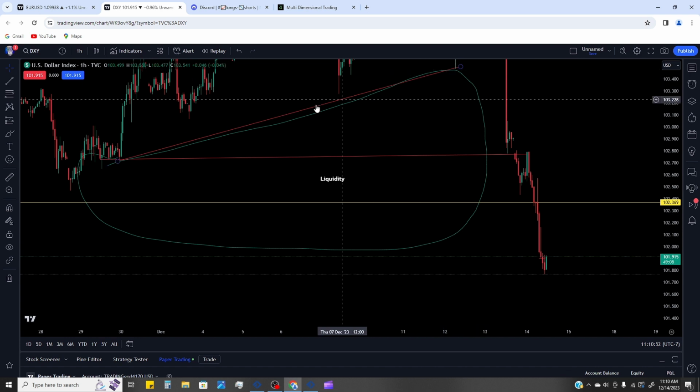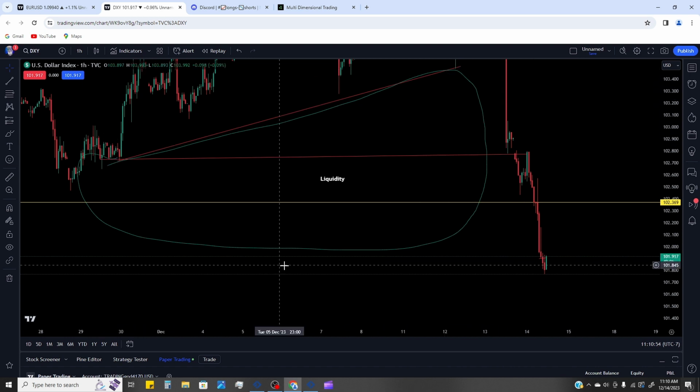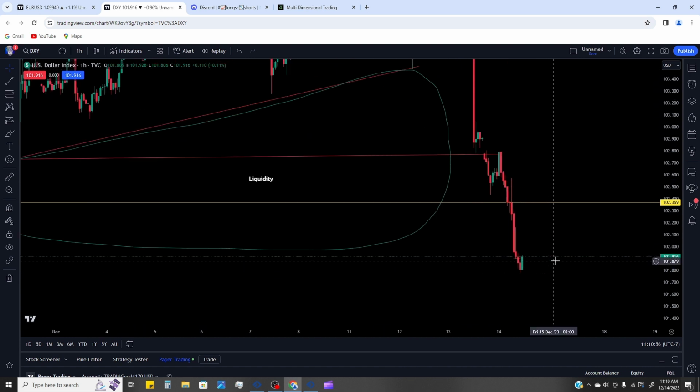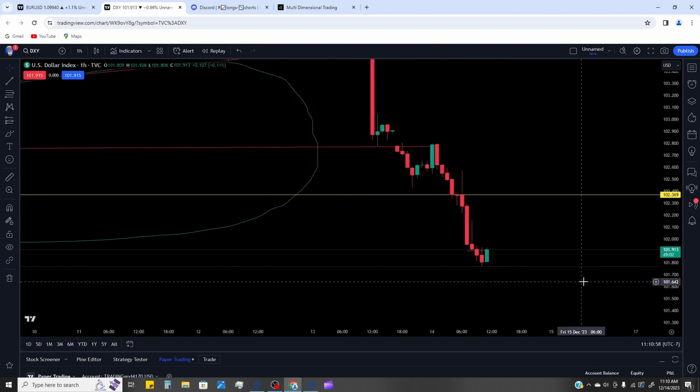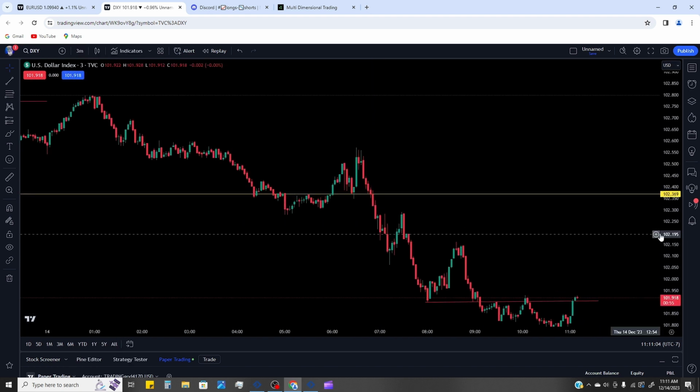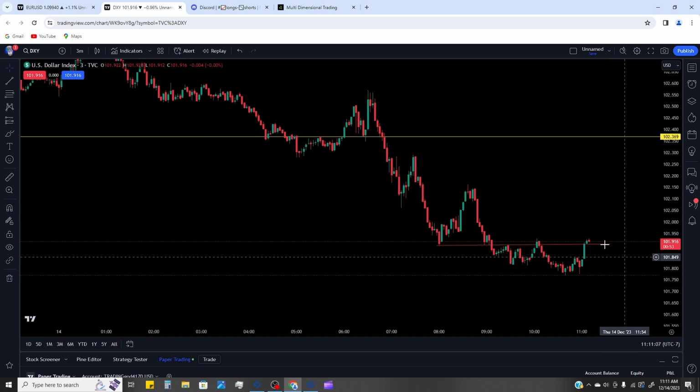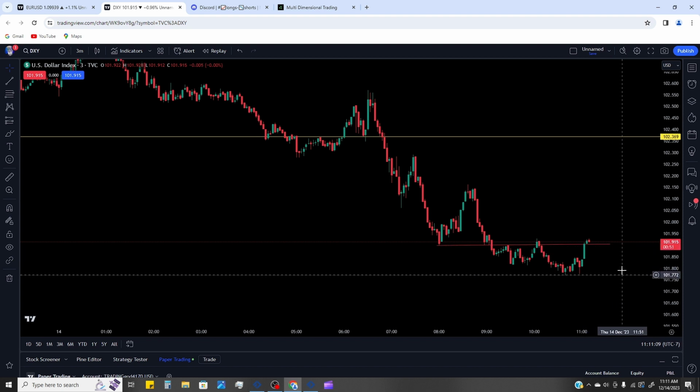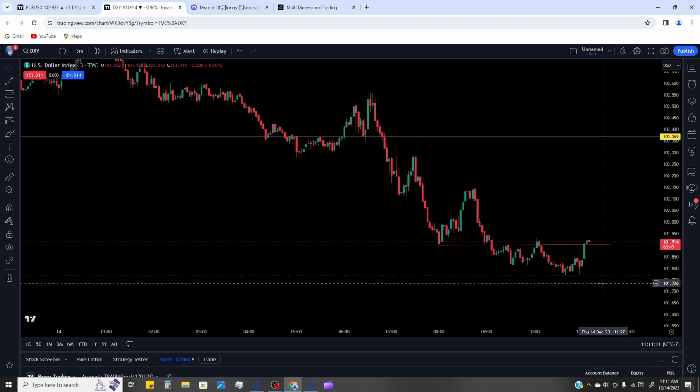You would technically be shorting the dollar. And I'm not going to short the dollar after I know it's run through liquidity on multiple large time frames. At this point, we just want to catch the bounce on the dollar, which is us being able to go short on the euro.